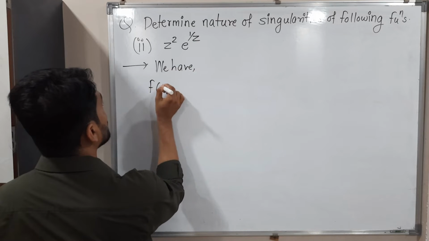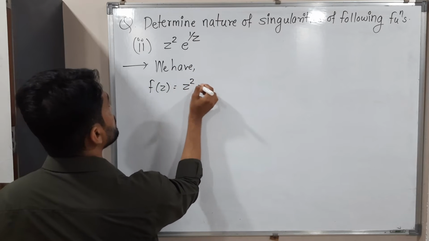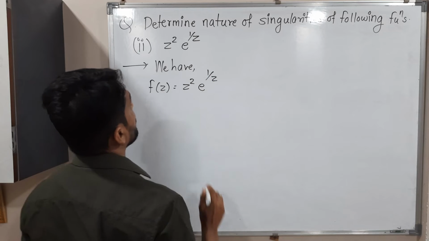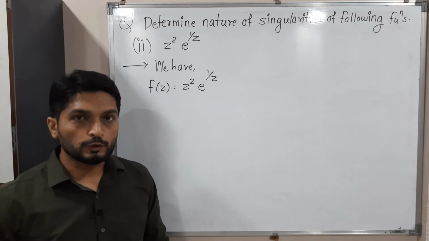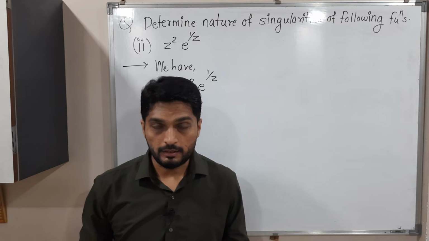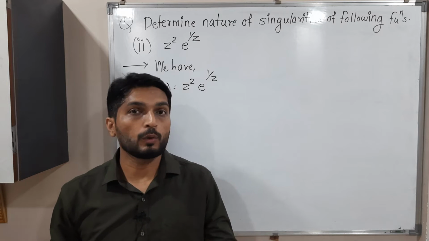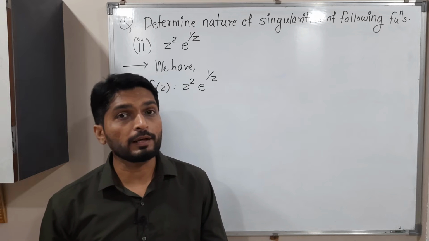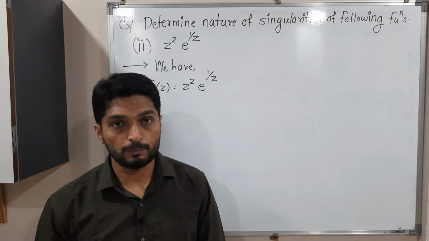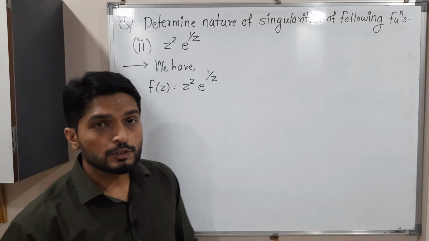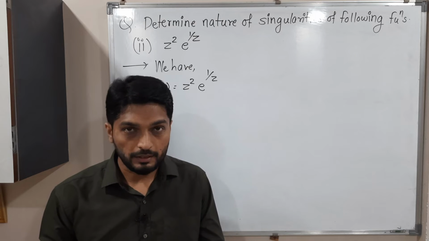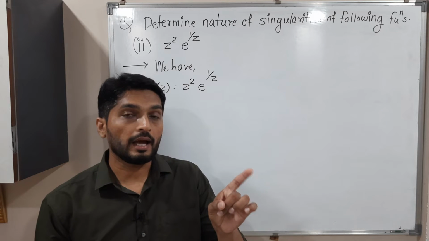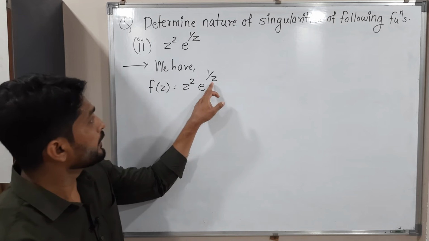F of z is equal to z square e raised to 1 by z. First of all, we have to find its singularity, that means a point where the function is not analytic. Generally you can say the denominator is 0. Tell me, for what value of z will the denominator be 0? There is no denominator as such, but the power of e has a denominator.